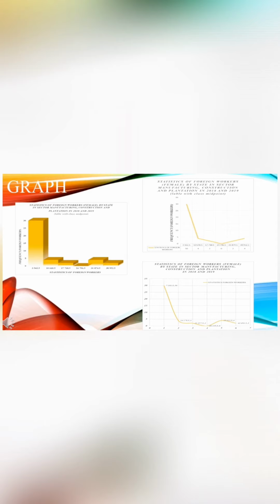For this graph, we show a different type of graph because we want to see the flow of the statistics, where we can see the decreasing and the increasing of the statistics of foreign workers.